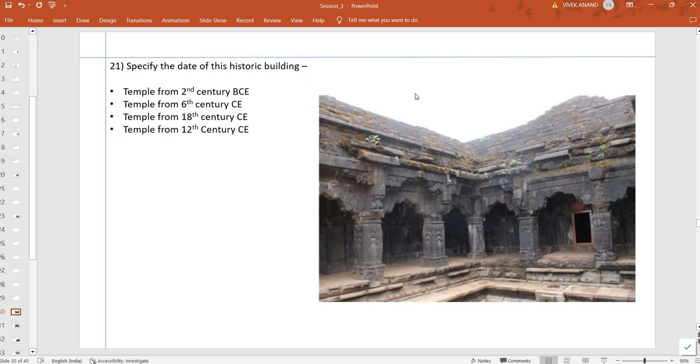Okay. So next question. Specify the date of this historic building. If you identify the building material, I think it will be easy for you to determine the date of this historic building. What is the building material being used here? Basalt. Not basalt.